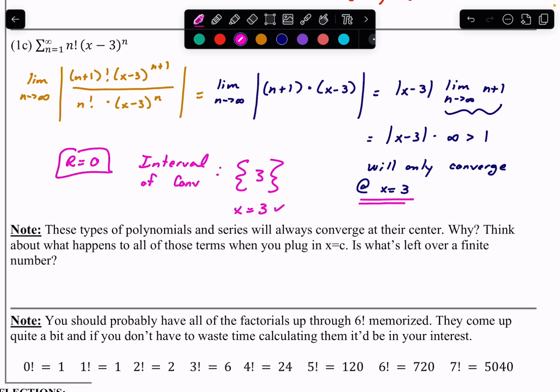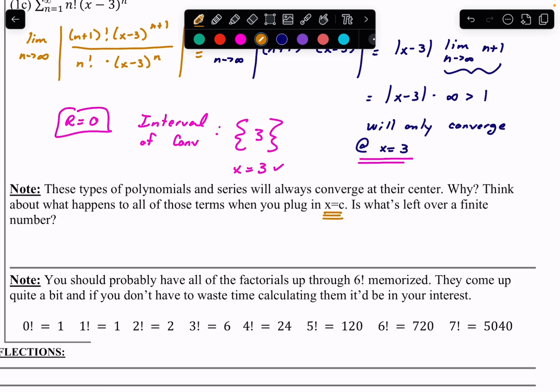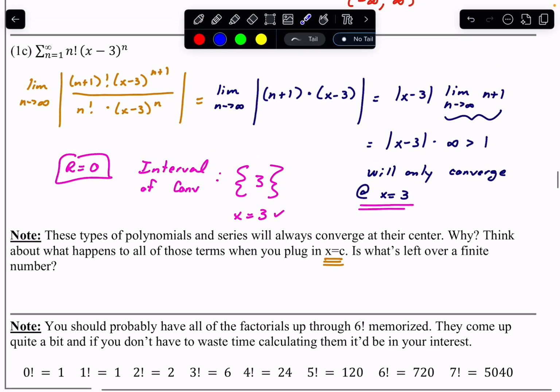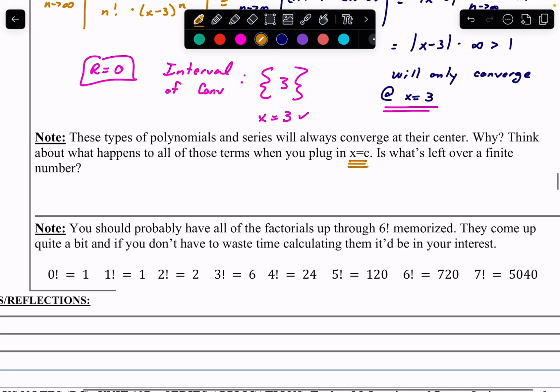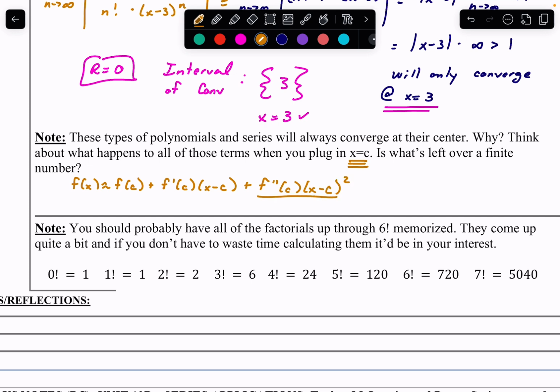Now, why is this only converging at x equals c? How does it converge if this is infinity? How am I getting that convergence piece? Well, remember that the formula is f of x is approximately f of c plus f prime of c times x minus c, plus f double prime of c times x minus c squared over 2 factorial, and so on.